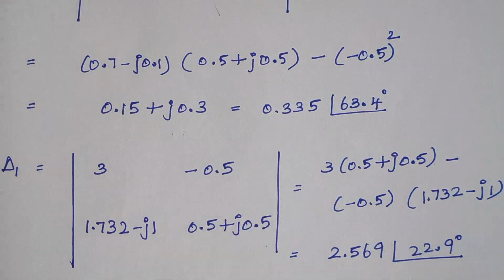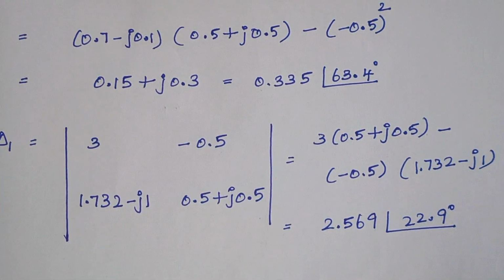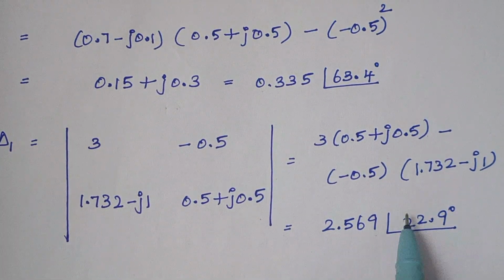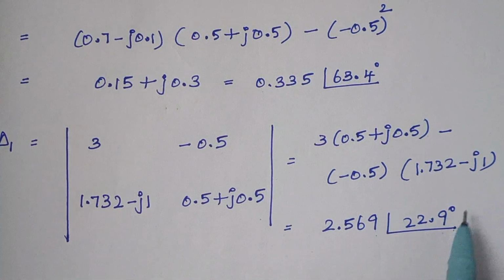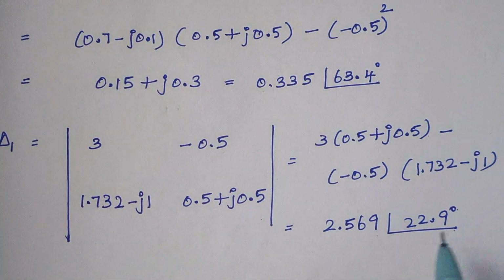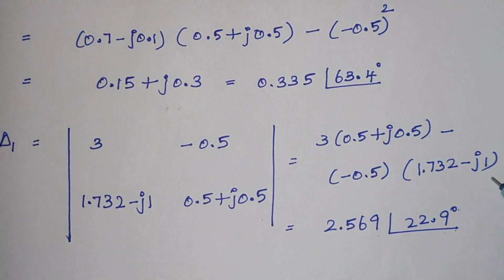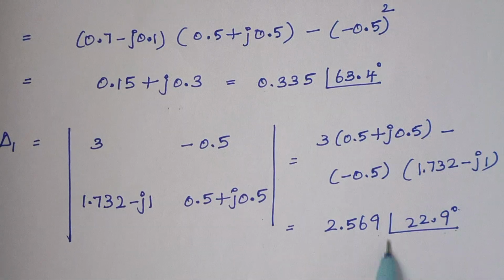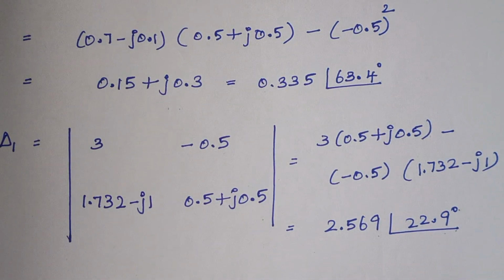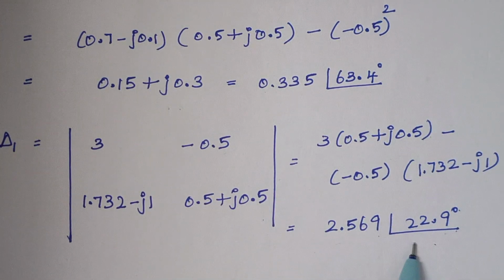When you simplify this, finally we end up with the answer 2.569 with an angle of 22.9 degrees. The necessity of converting the rectangular answer to polar form is that finally we are going to do division to find the values of V1 and V2. That's why we are converting the rectangular form to polar form.